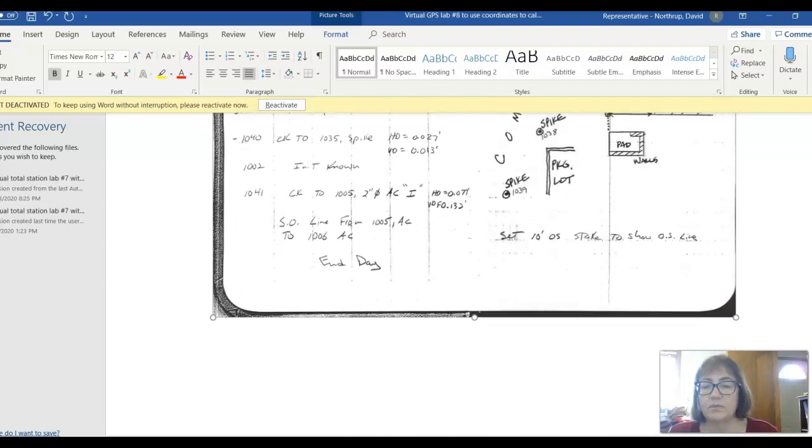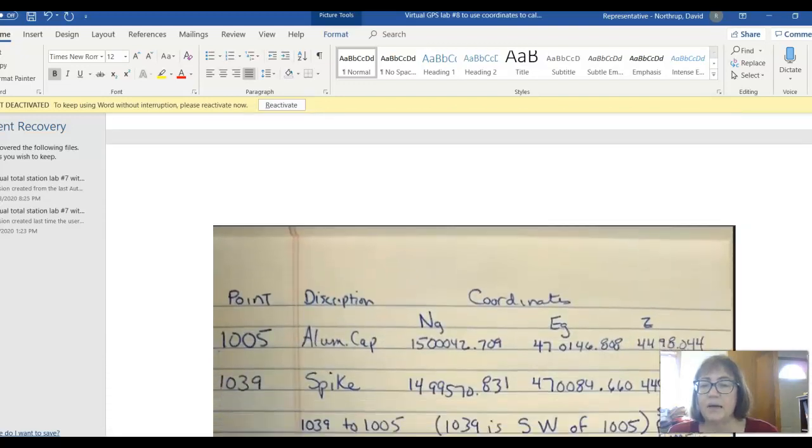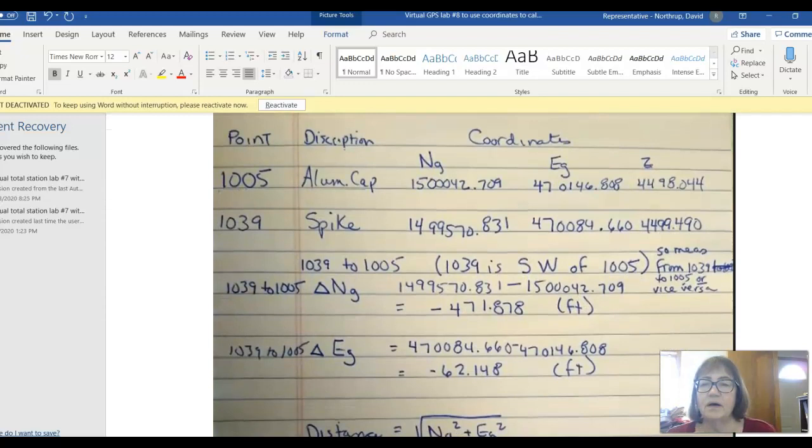Down here on the bottom page of your lab is the data that I transcribed from that section for points 1005 and 1039. The first point, I've changed the direction. This would have been the last column in their data set. I've put it as the second column.